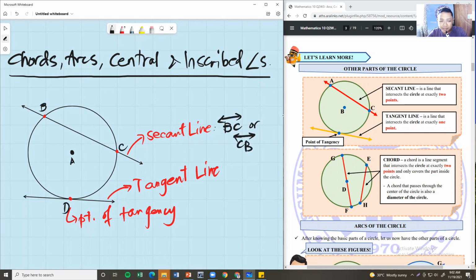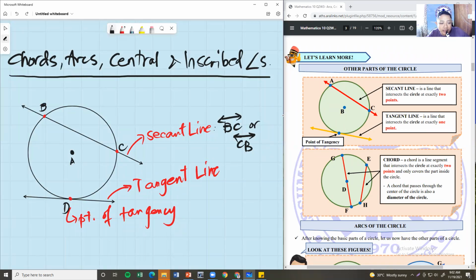Look at the symbol. The symbol of the secant line has arrows on both ends, which means that line is continuously extending. So it can extend infinitely.